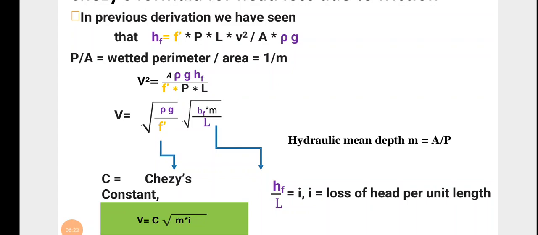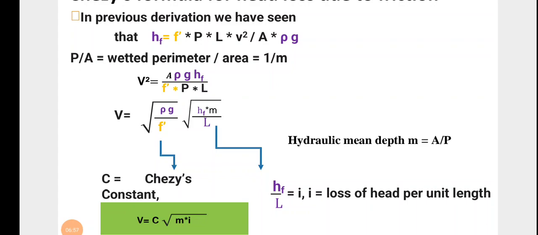So we can write V square equal to A rho g HF by F dash into P L. Now V will be equal to under root of rho g by F dash into under root of A by P into HF by L. Now here we have area by perimeter, that is hydraulic mean depth, M equal to A by P.